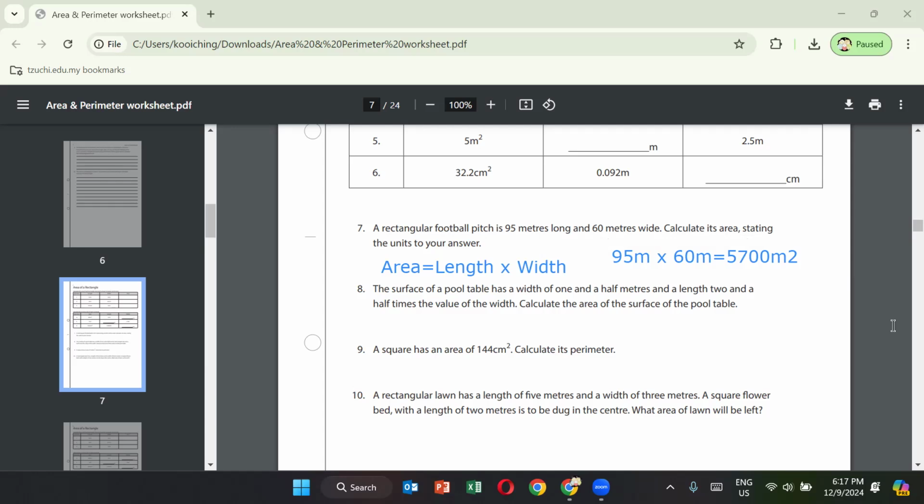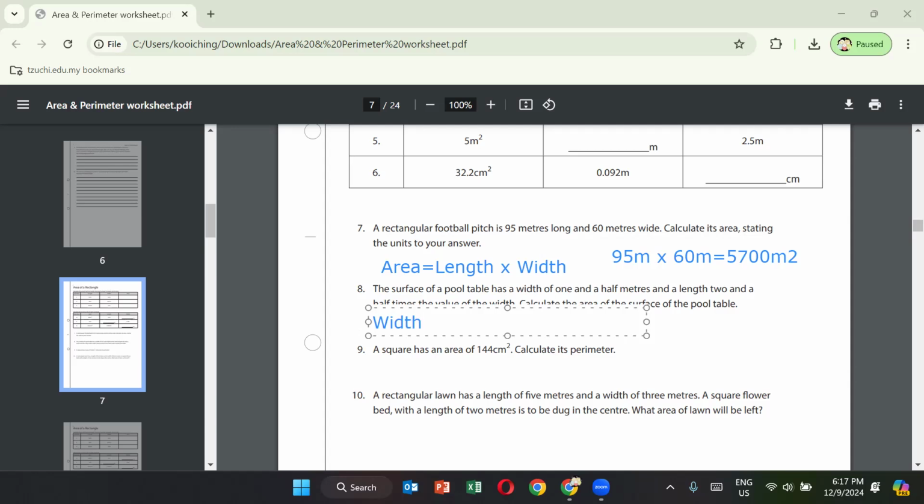So it says that the length is about 2.5 times. So we will look at the width first.